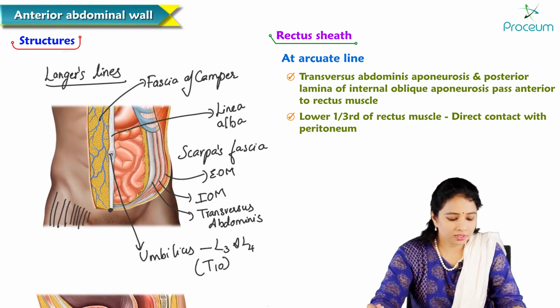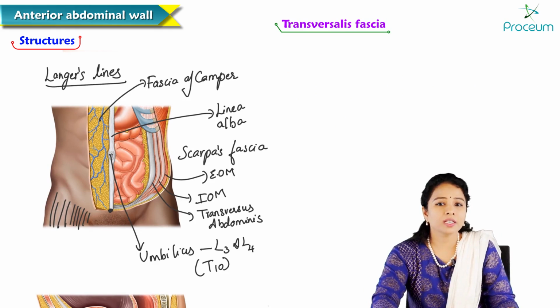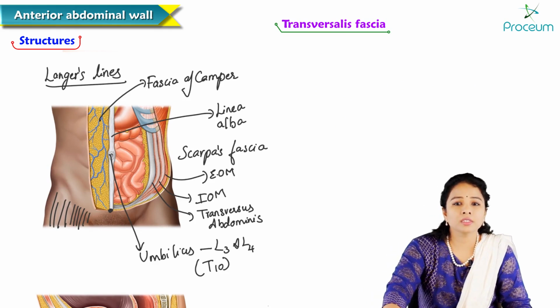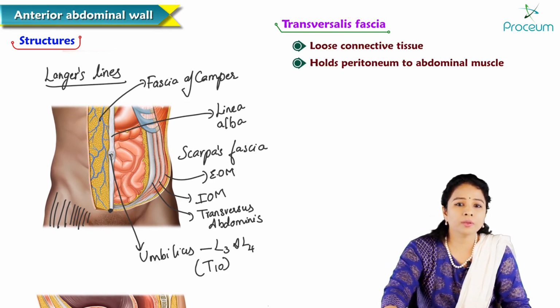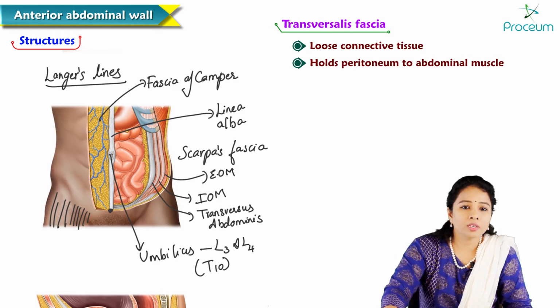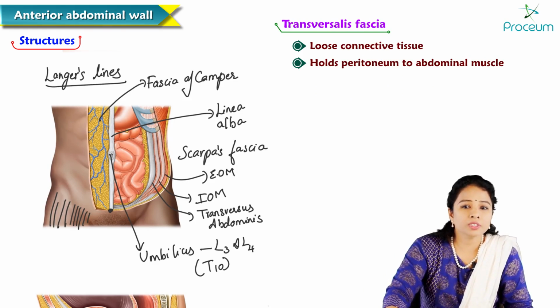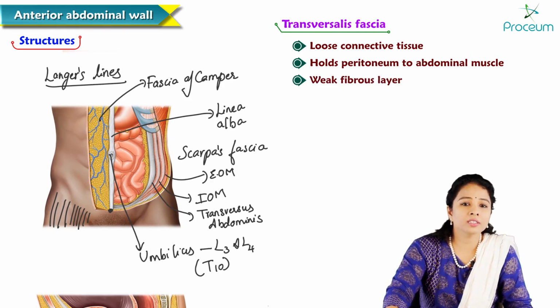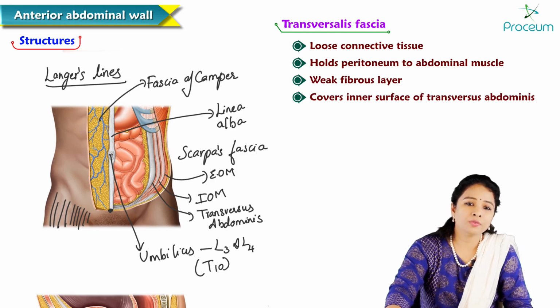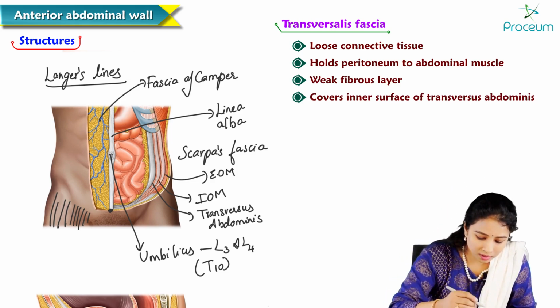Next we shall discuss the transversalis fascia, which is a loose connective tissue holding the peritoneum to the abdominal muscle. The transversalis fascia is a weak fibrous layer covering the inner surface of the transversus abdominis muscle. So here is the transversus abdominis.